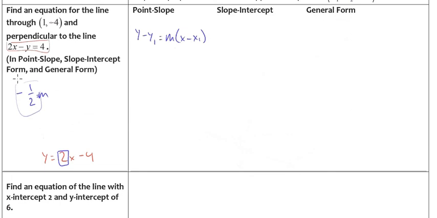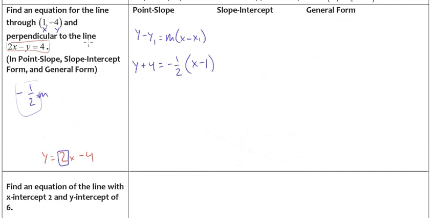We know what the slope is, so we'll have equals negative 1/2 times, and we know what our points are going to be as well. So y minus negative 4, that's y plus 4, is equal to negative 1/2 times x minus 1.